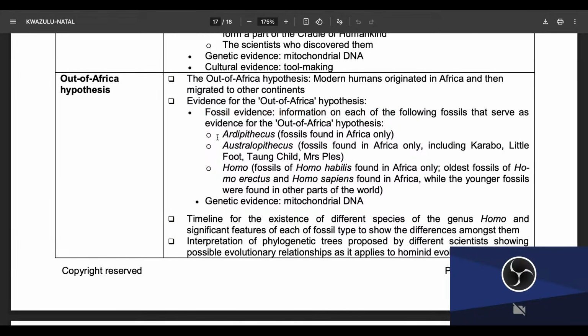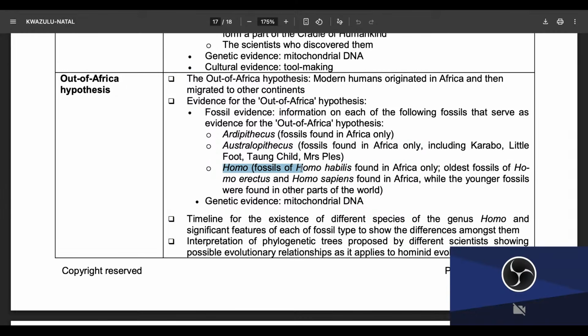We have Ardipithecus. Now, we don't need to talk about this one because it's not in the question. The question asks about Australopithecus and it asks about Homo. So all you're going to answer is Australopithecus fossils are found only in Africa. And that part there is really important to say only in Africa.